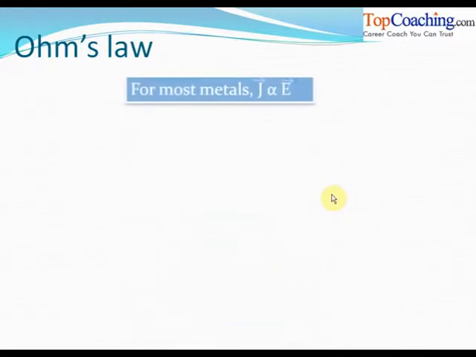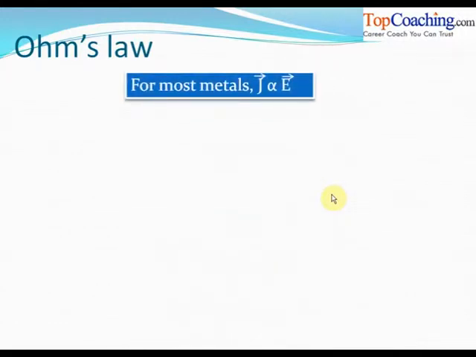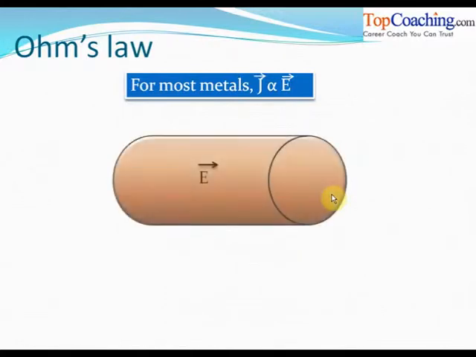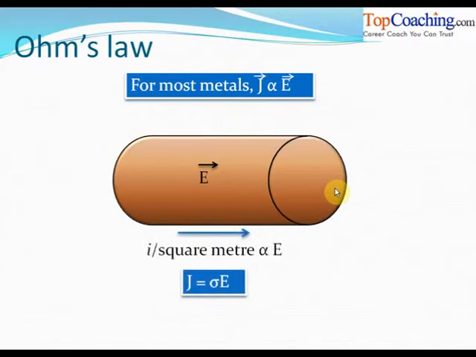It has been found that for most metals, the current density J is proportional to the electric field applied across the conductor. This is interesting, but scientists have found this fact. So if there is this conductor which has an electric field E applied across its ends, in that case the current per meter square flowing across this conductor will be proportional to the electric field.